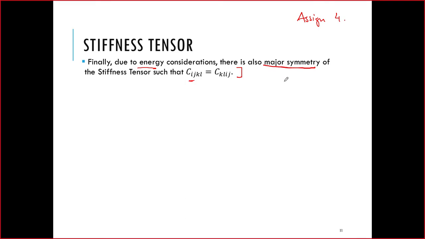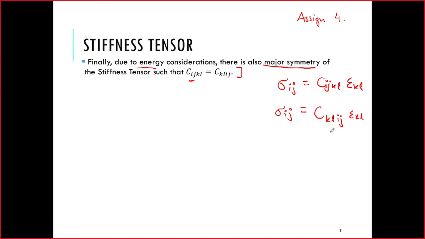It's major because वो ij तो stress के components थे और वो जो kl हैं वो तो strain के components हैं. So this is a major symmetry if we can actually write this down as, let me figure this out, klij epsilon kl still.